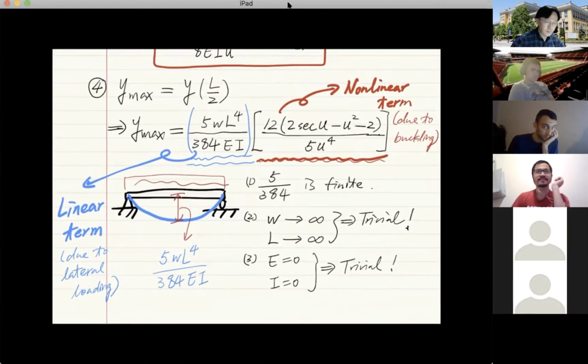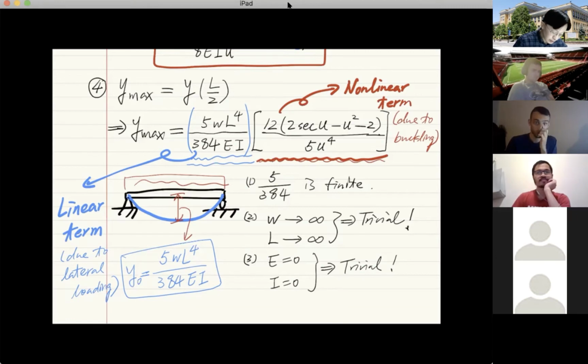this one right here. And suppose we call the linear effect, this coefficient, we call it Y naught. We're going to call this one Y naught because it is the linear term and is the maximum deflection of a simply supported beam subjected to uniformly distributed loading, no buckling force. So it's this value.